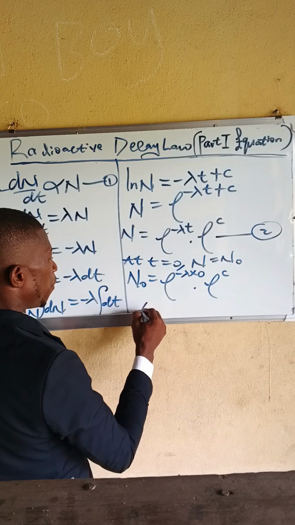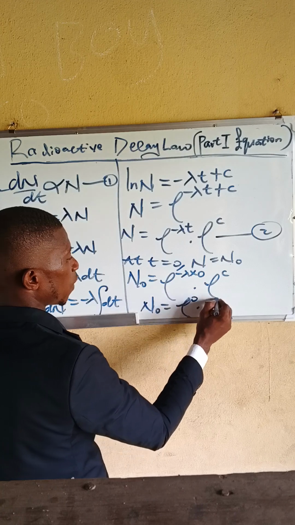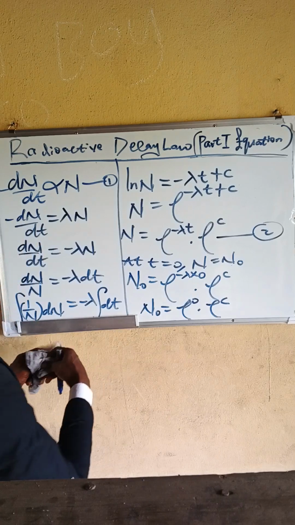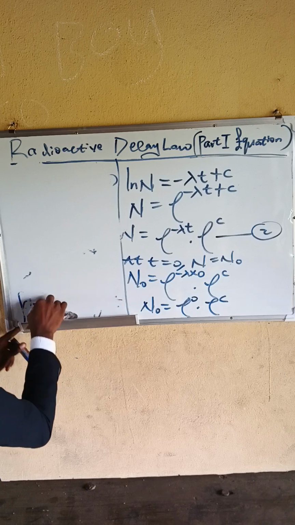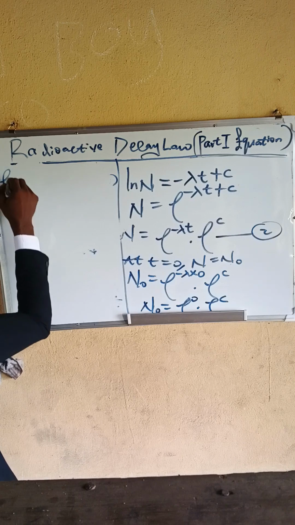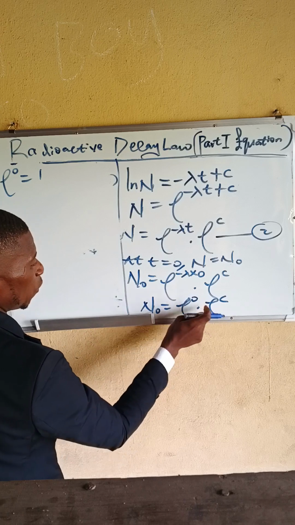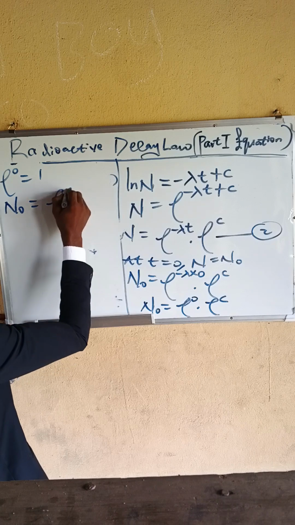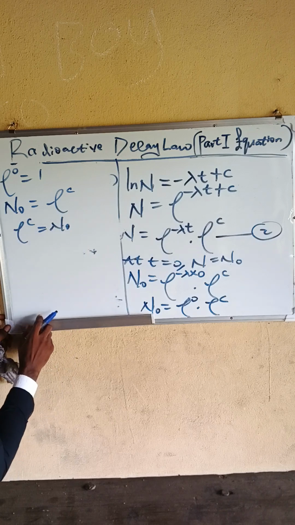Knowing fully that this gives us exponential 0 times exponential c, but exponential 0 is 1. So if I substitute 1 into this place, I'm going to have N naught equals exponential c, which is the same thing as exponential c equal to N naught.